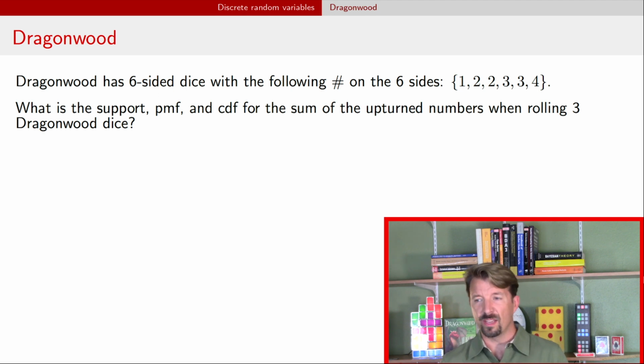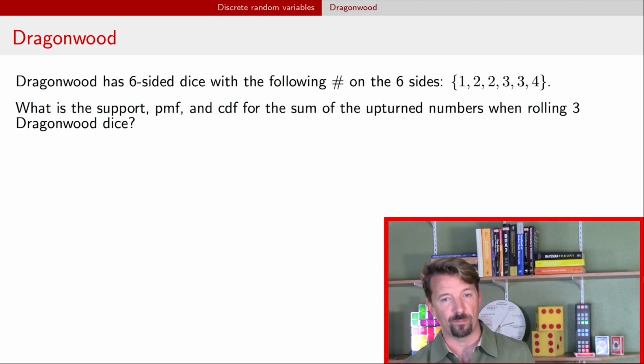The only way to get the minimum is rolling all 1s on 3 of your dice, so the minimum is 3. The maximum is rolling all 4s on all of your dice, and there's 3 dice, so that's a total of 12. And you can get every combination in between. So the integers 3 up to 12 are the possibilities for the support.